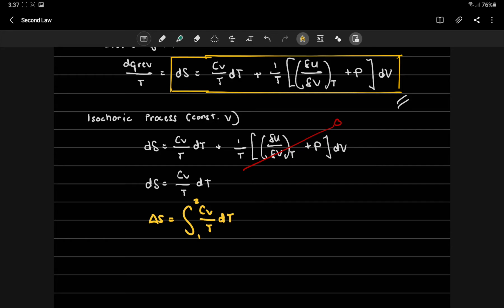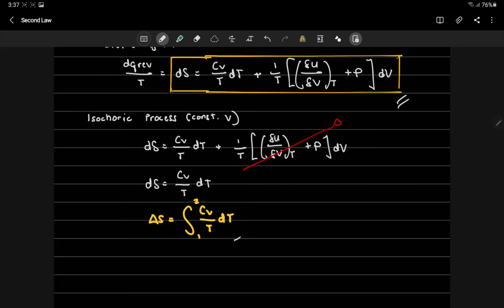In other words, ang pinakita ko dito is that kapag meron kang constant volume process, whether perfect gas pa yan or hindi, okay, that general equation na na-derive natin dito ay na-reduce pa rin sa isang mas simpleng equation. Okay, ibig sabihin, you don't have to really memorize this equation.